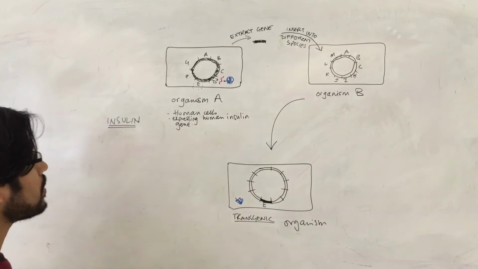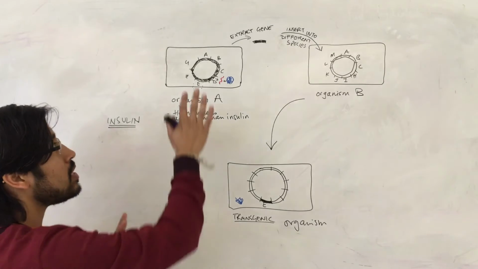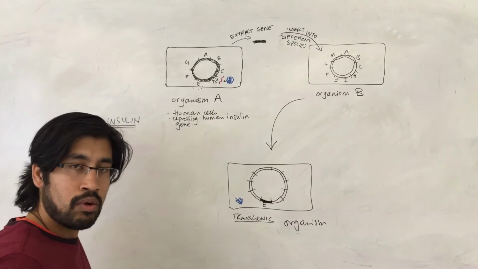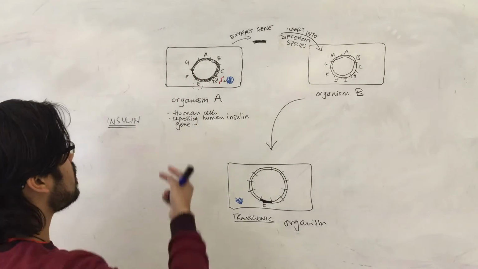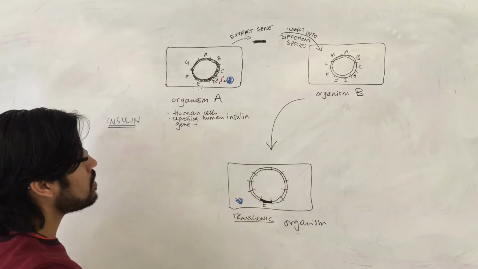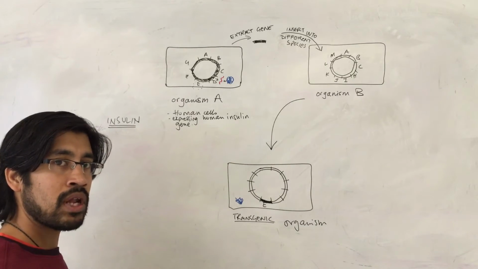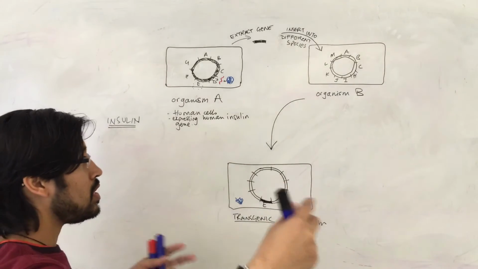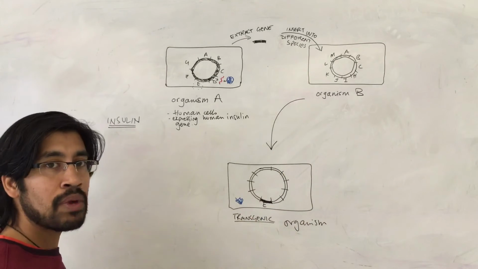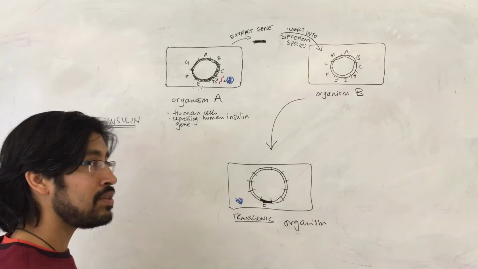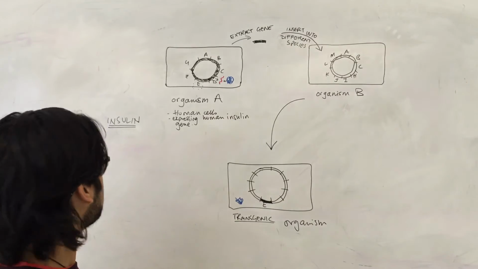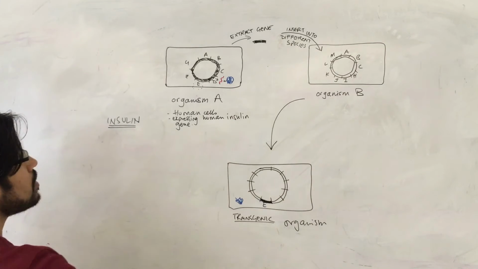Okay, remember there's a gene for insulin in our DNA, and that gets transcribed into mRNA, and the ribosomes put the amino acids together to make it into the functional insulin hormone. Okay, it is a peptide hormone.